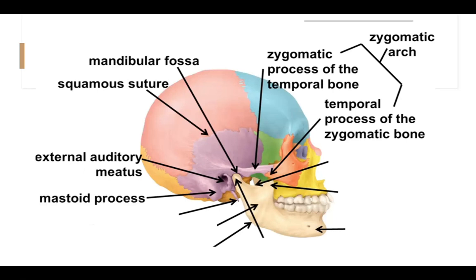Okay. Then you have the mastoid process, which is posterior and inferior from the external auditory meatus. So you can actually feel this one. So if we find our ears, put our fingers in our ear canals, plug your ears with your fingers for a second, and then quickly take them out so that you can actually still hear me, right?